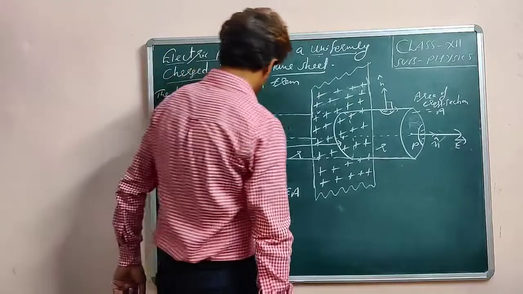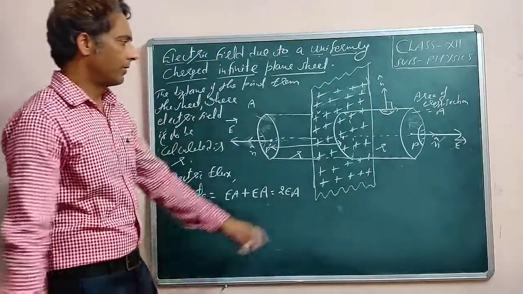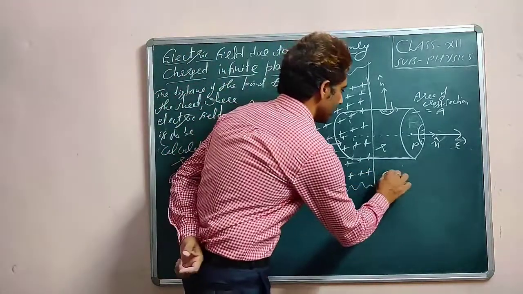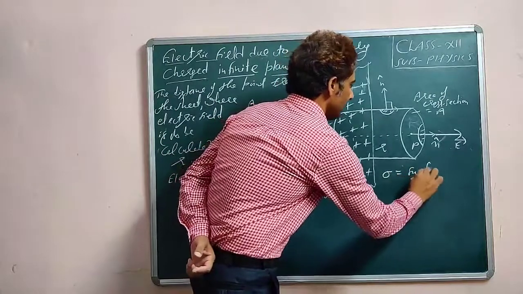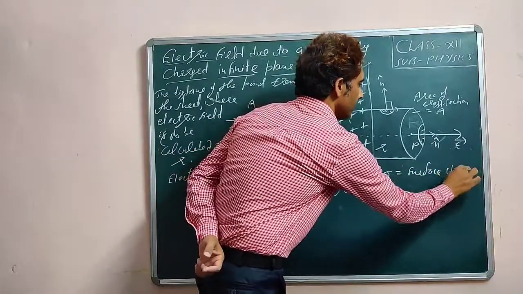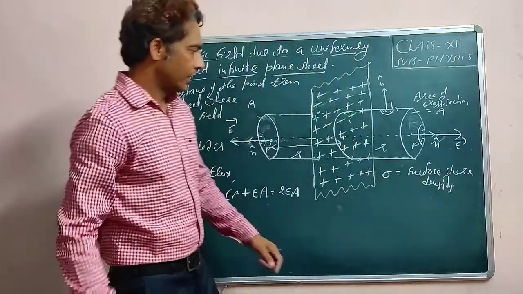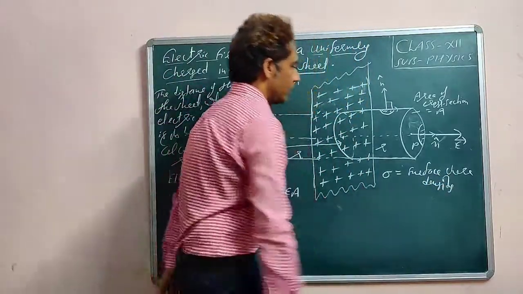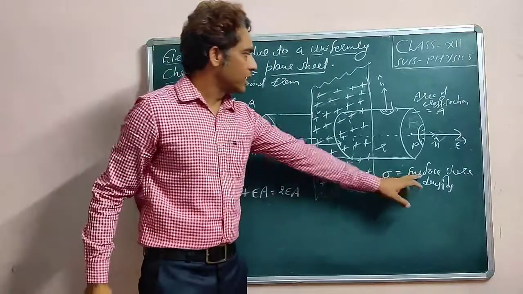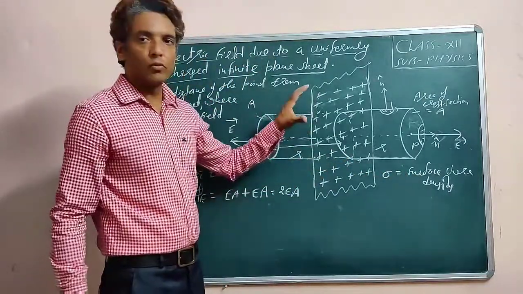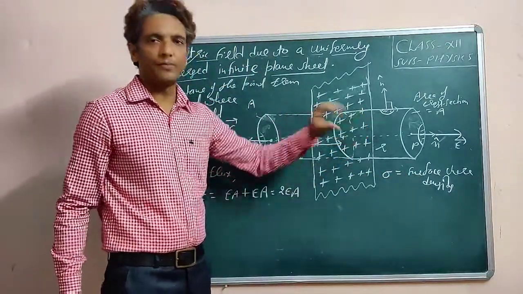Now if sigma be the surface charge density, then this sigma is the surface charge density, and now we have to see what is the total charge enclosed by this Gaussian surface.